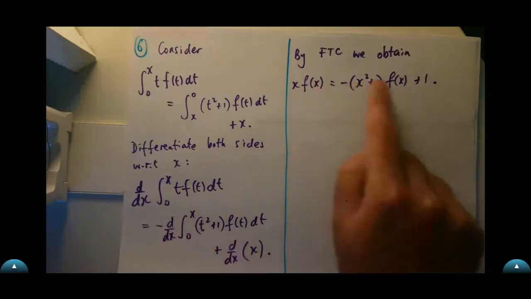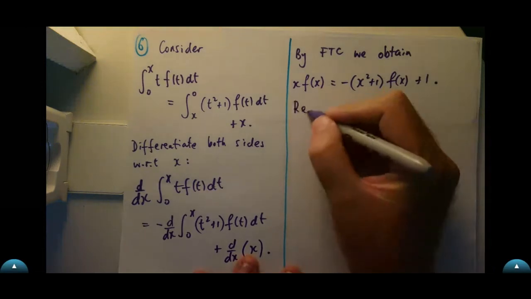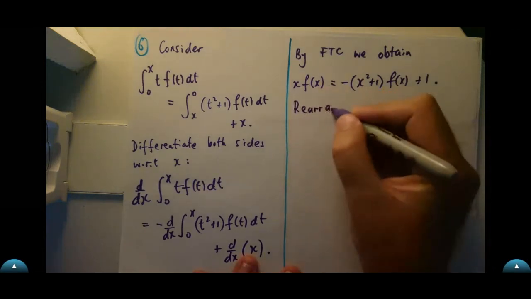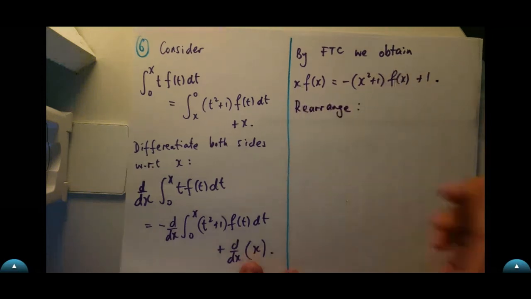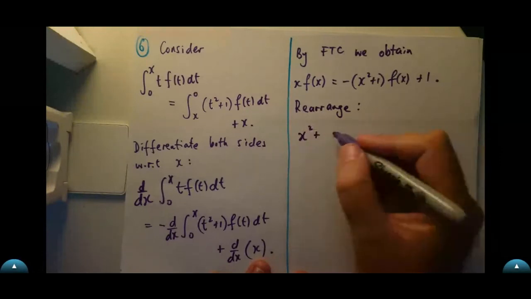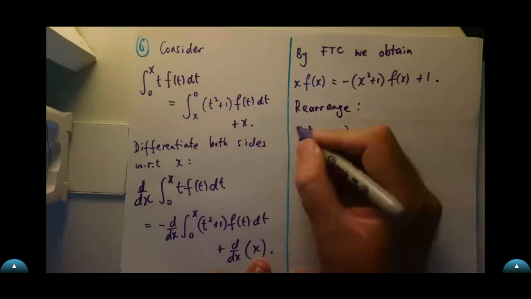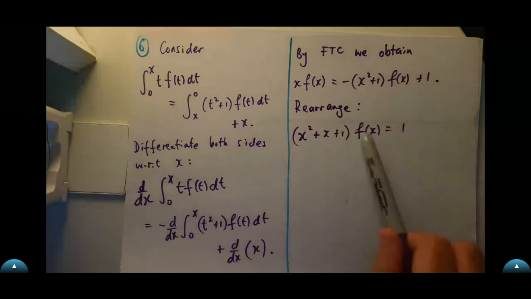All we need to do now is rearrange to make f of x the subject. So let's take that over there and we can factorize. And so let's divide by this on both sides.